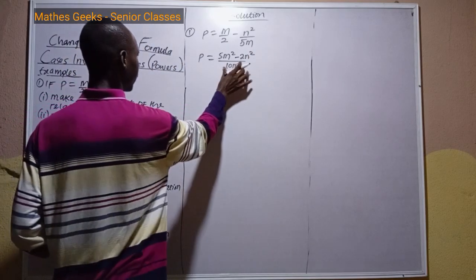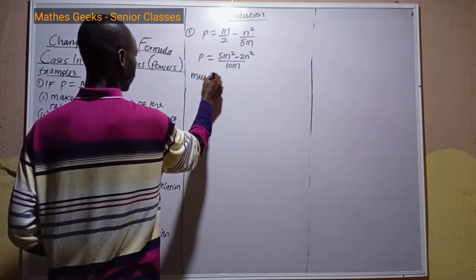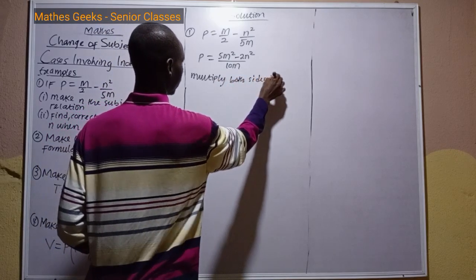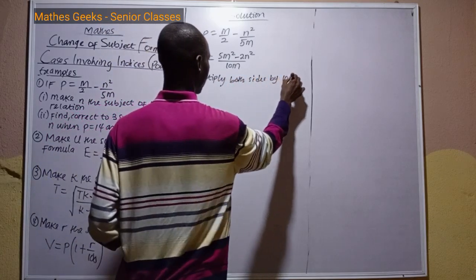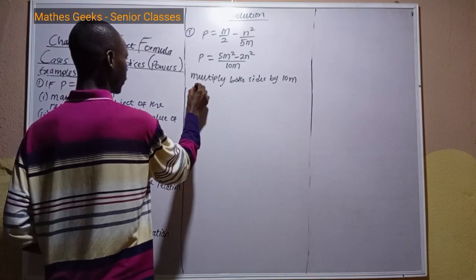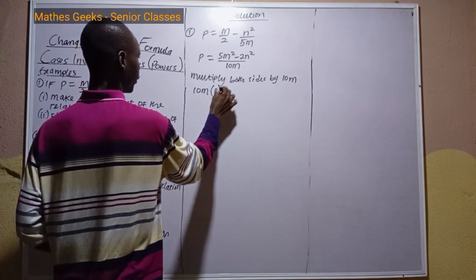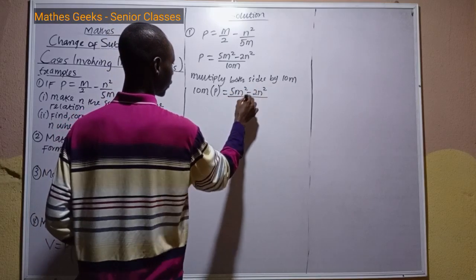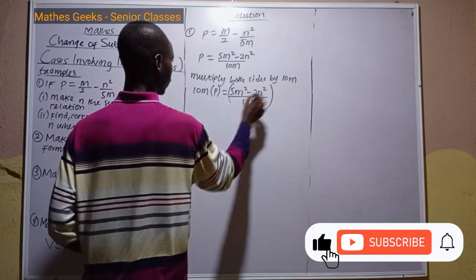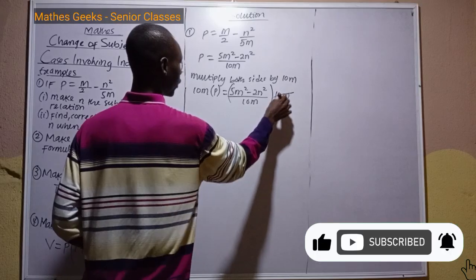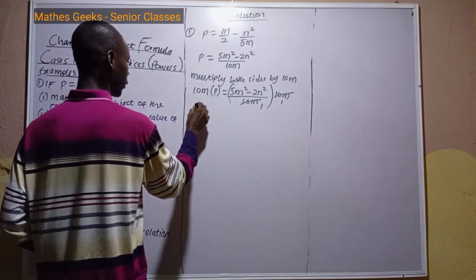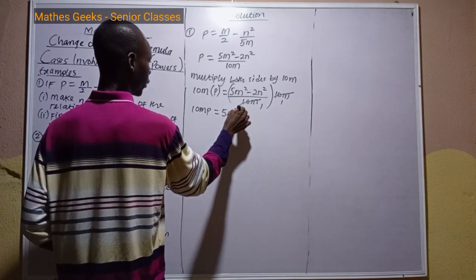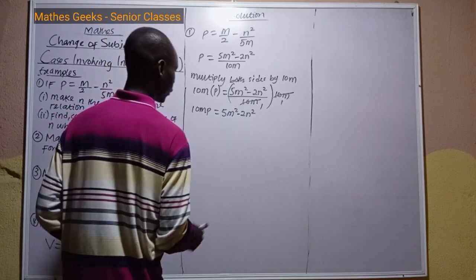So let's eliminate 10n. We're going to multiply both sides by 10n. So 10n p is equal to (5n squared minus 2n squared) over 10n times 10n. The 10n cancels here. So 10n p is equal to 5n squared minus 2n squared.